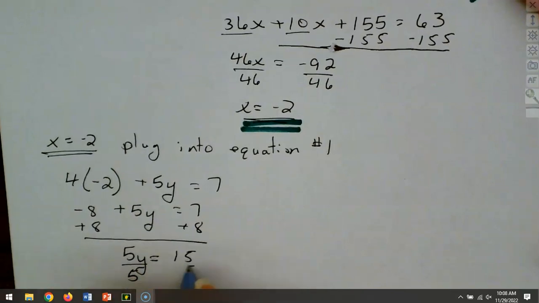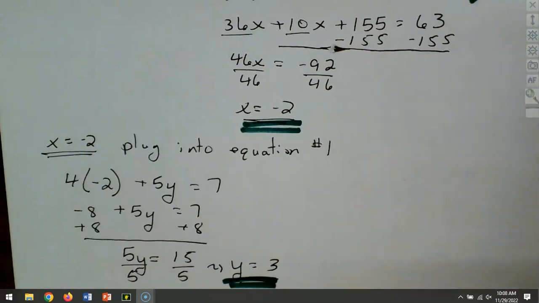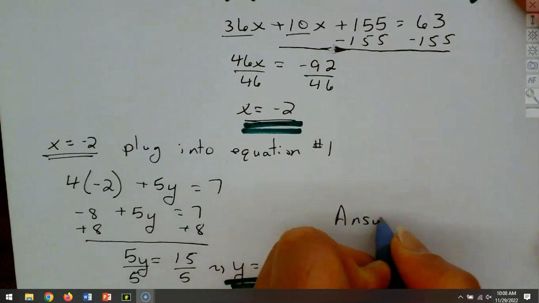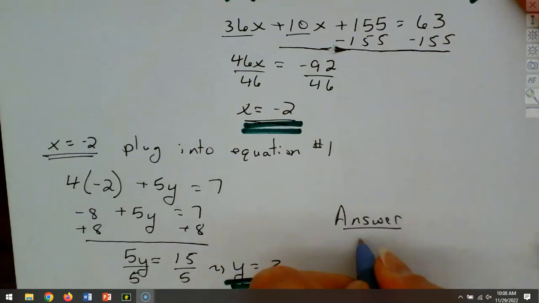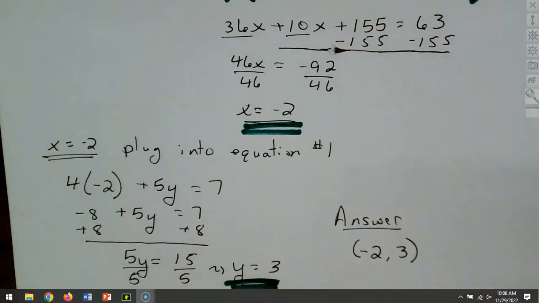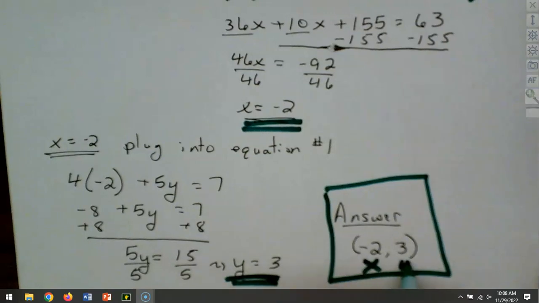Divide by your 5, and y equals now what? y equals now 3. So my answer has to be written as an ordered pair. So how do I write my answer? My answer is going to be minus 2, comma 3. So you put them together as an ordered pair because that's x and y.